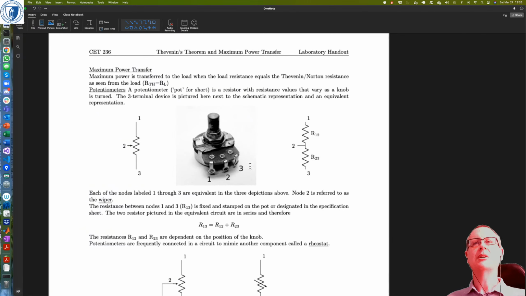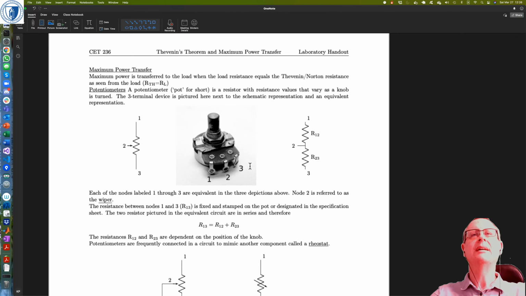And that looks like one of these things, and the electrical circuit of the potentiometer is either on the left or on the right. And basically it's a resistor with 3 taps, and the resistance R12 is whatever the value of the potentiometer is.